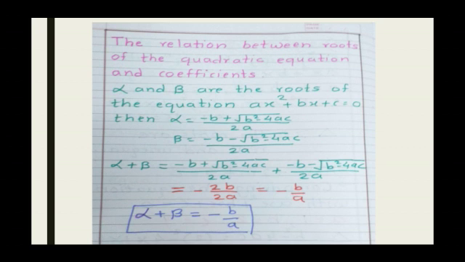When we solve the numerator, we get minus b minus b, minus 2b, and under root b square minus 4ac minus under root b square minus 4ac gets cancelled. Therefore, in numerator we get minus 2b upon 2a, that is equal to minus b upon a. Alpha plus beta is equal to minus b upon a, means sum of the roots of the quadratic equation is equal to minus b upon a.